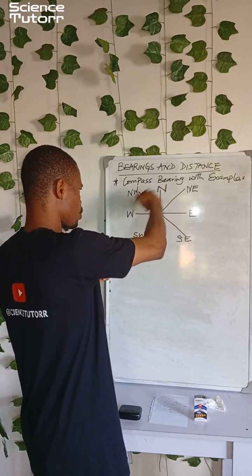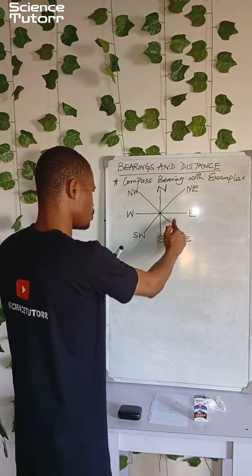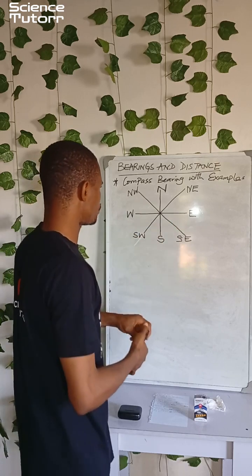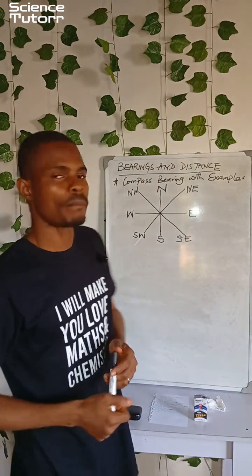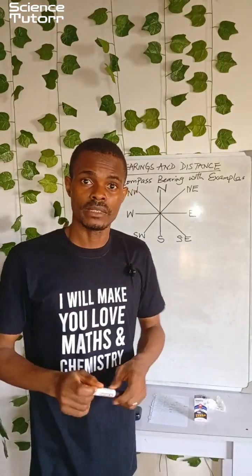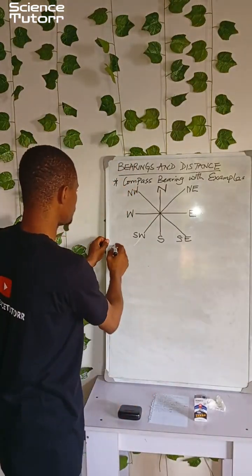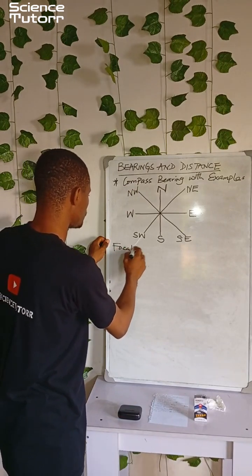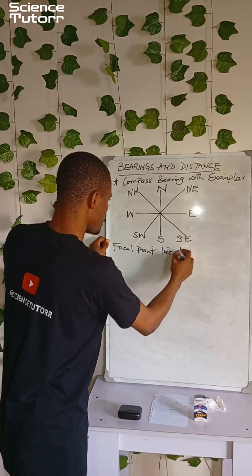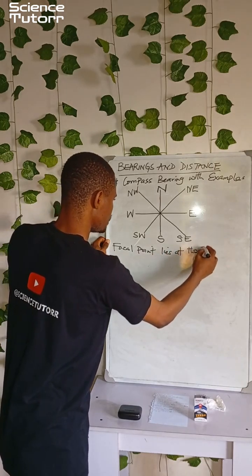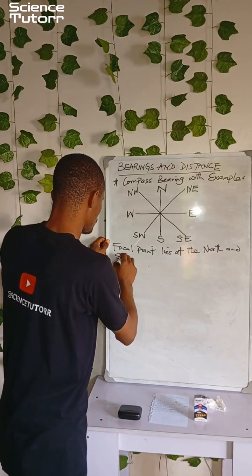Direction from north, northwest. Direction from south, southwest. Direction from south, southeast. So this is how to describe compass bearing. Compass bearing, in simple terms, begins from a focal point. The focal point lies at the north and south pole.